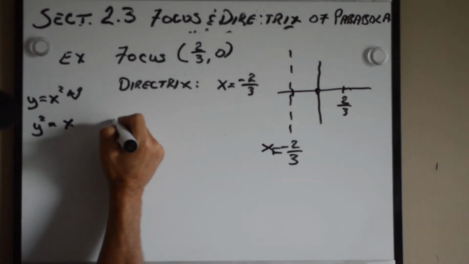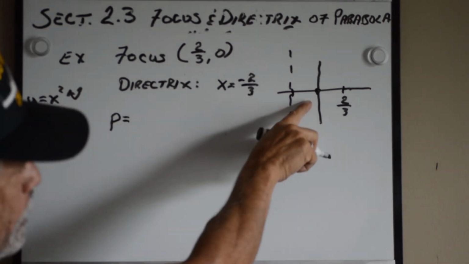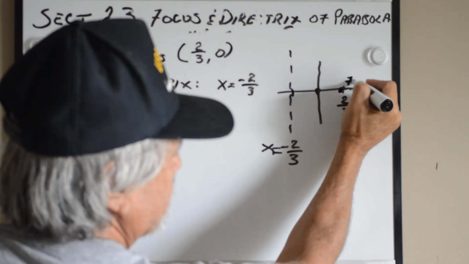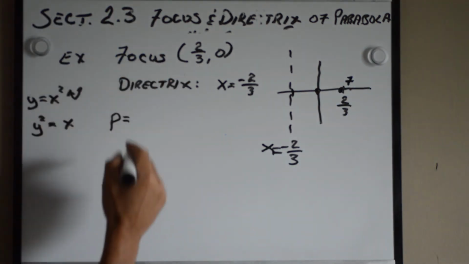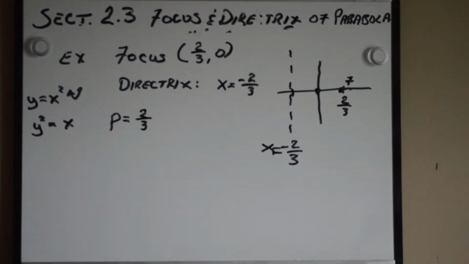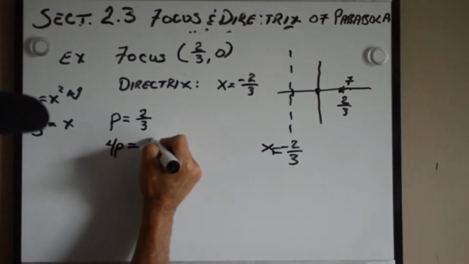Okay? So from here I know that my P is going to be equal to, from the vertex out to the focus, is 2/3. So my P is equal to 2/3. Okay? So my 4P is going to be equal to 4.